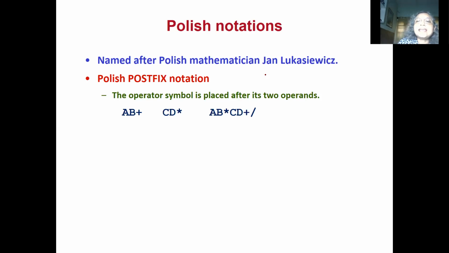Then I get plus. Plus is an operator. It is a binary operator. So we will make 2 pops from the stack. So first we get Y equal to 3, X equal to 2, and the stack now becomes empty.